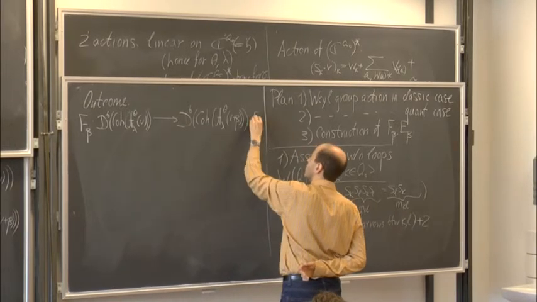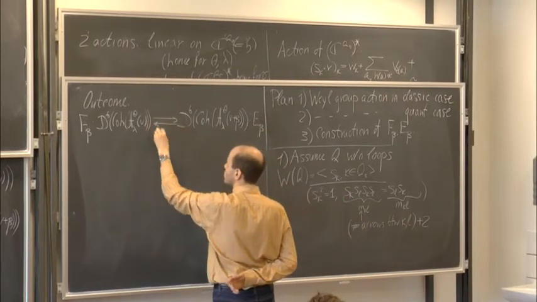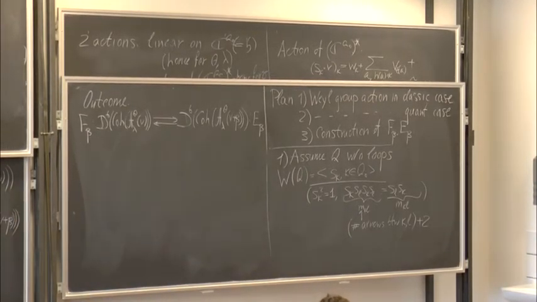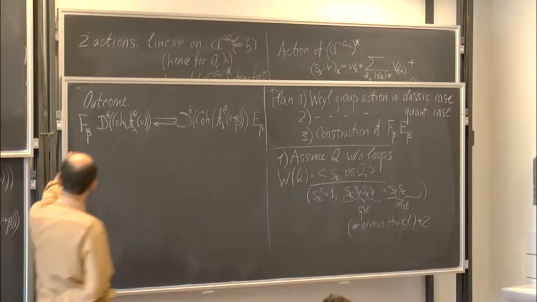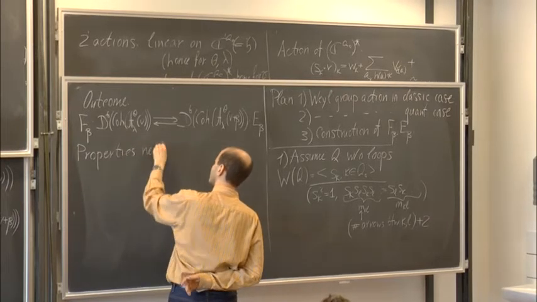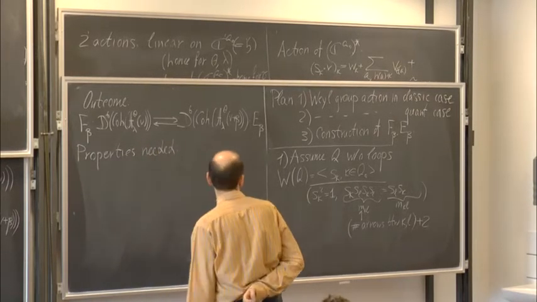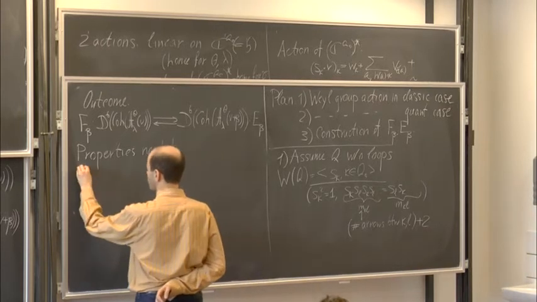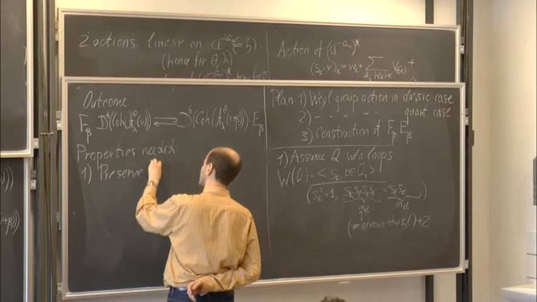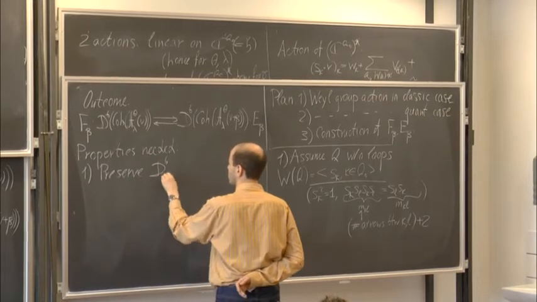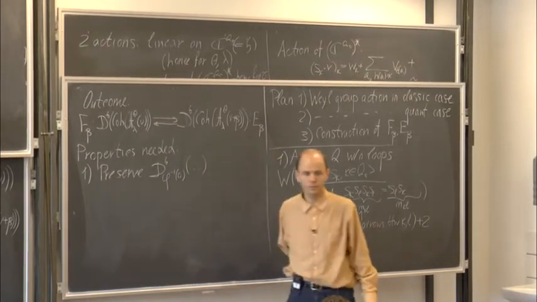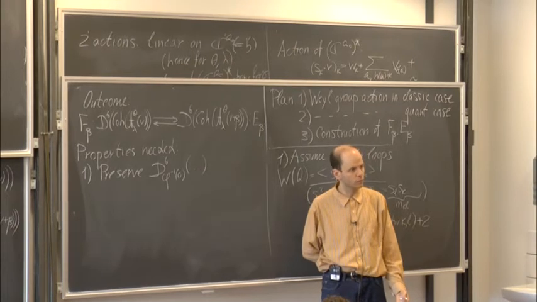And we have E beta, which goes in the opposite direction. What do we want from our functors? Well, the properties that we need: we want them to preserve categories of complexes supported on phi minus 1 of 0. This we want them to have.